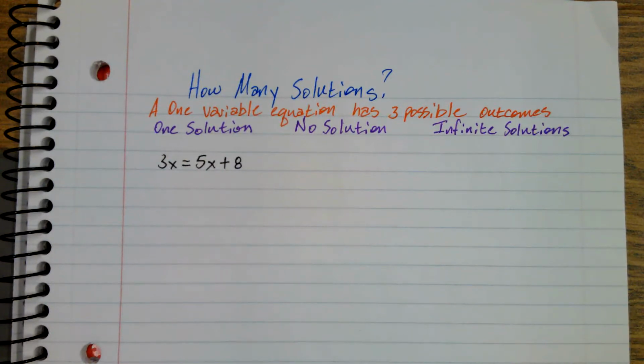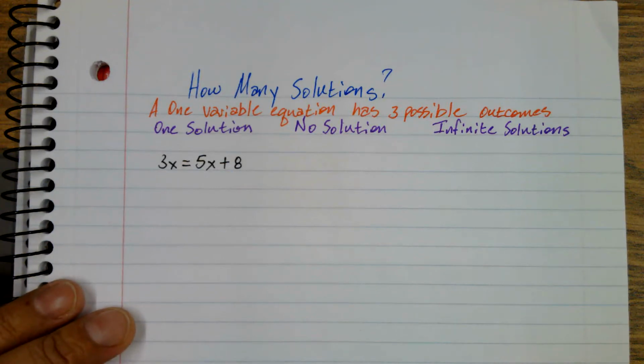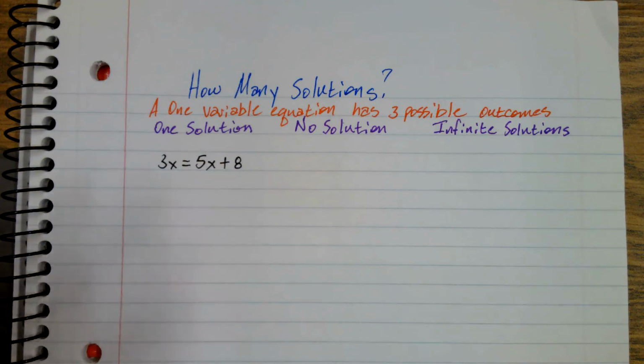Let's solve it. What do I do? Tell me in the chat, please. What move should I do to solve for x? Some of you are saying subtract 8. I can do that. It's usually not the first move I want to do when I have variables on both sides.